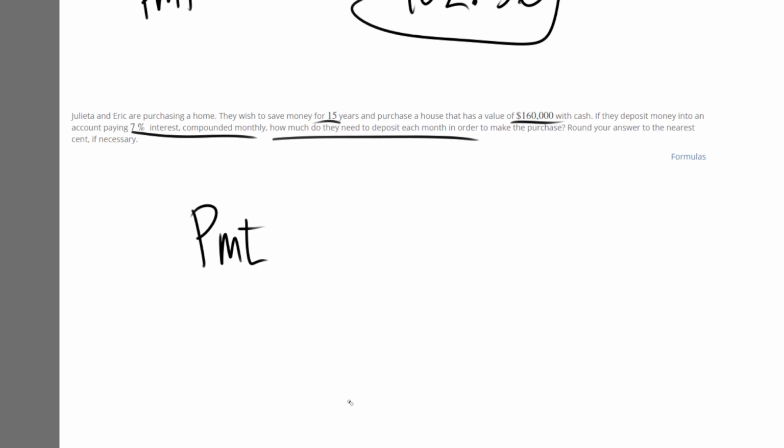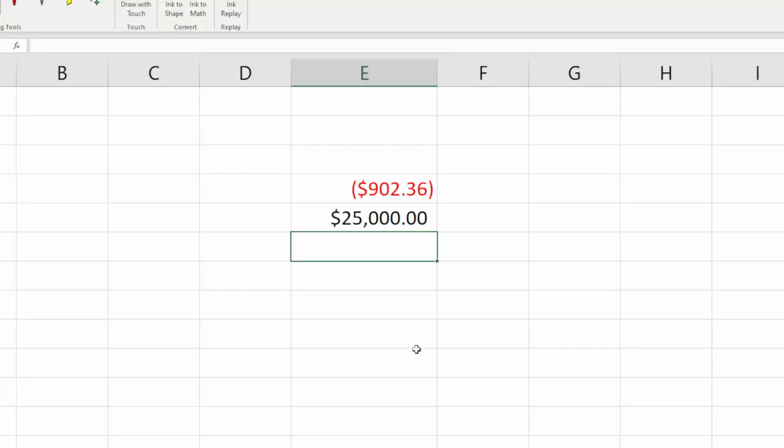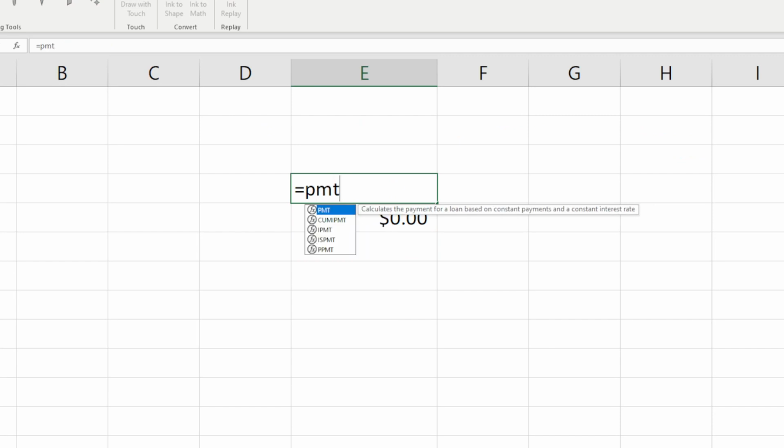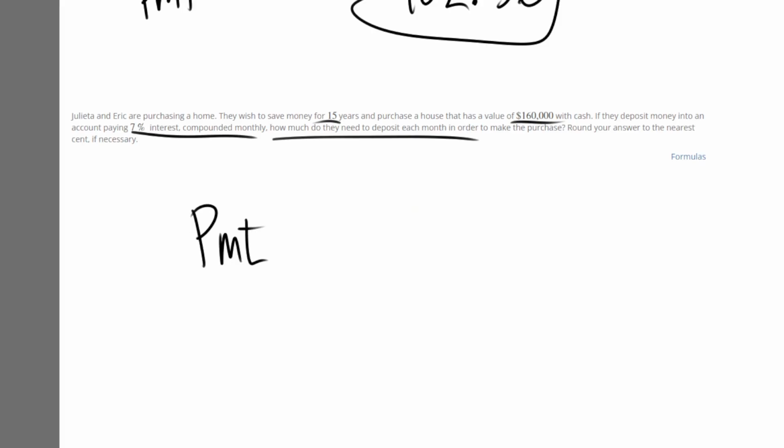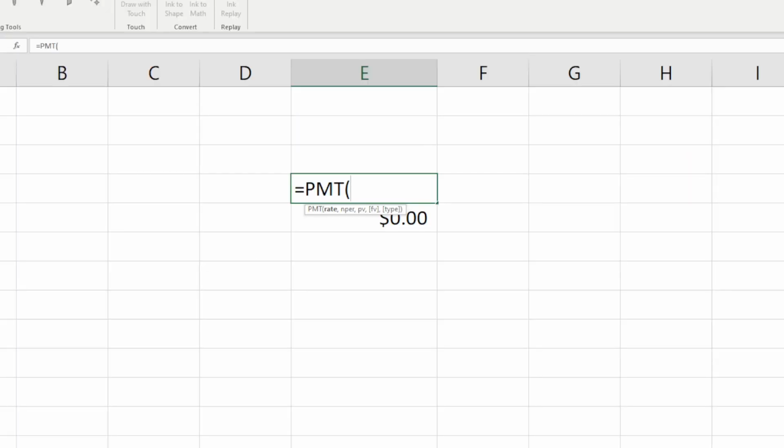It's going to be 15 years and 7% interest. So we'll go in with our information. We'll keep that formula, so equals payment. We'll need to change some items up though. Our rate is 7%, 0.07, and I believe it was monthly.